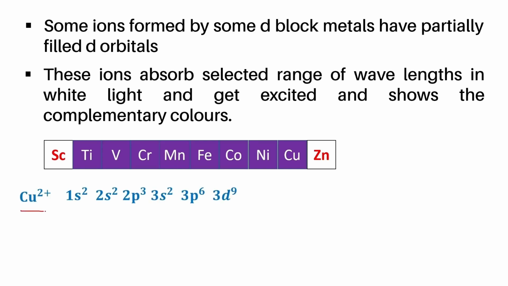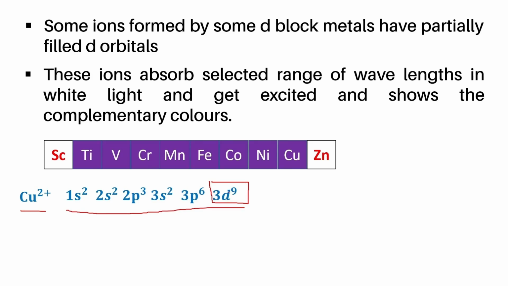This is the electron configuration of the Cu2+ ion. Now you see the 3D subshell. It has only 9 electrons. It means it is incompletely filled. If it is completely filled, there should be 10 electrons here.